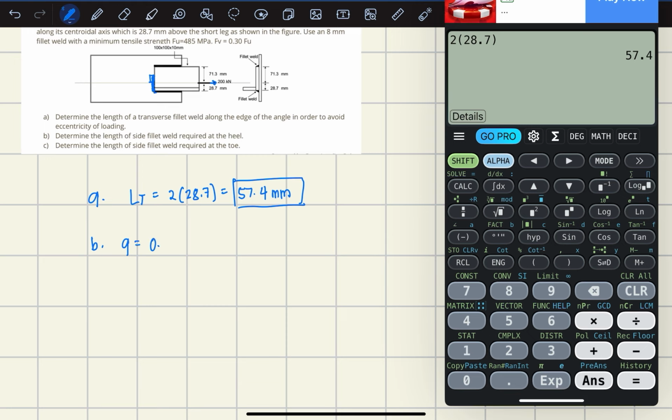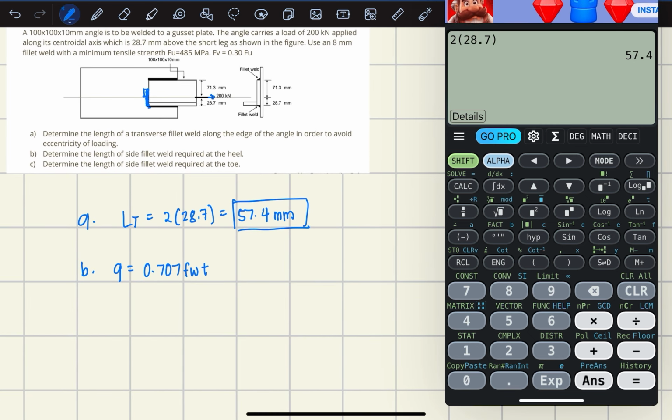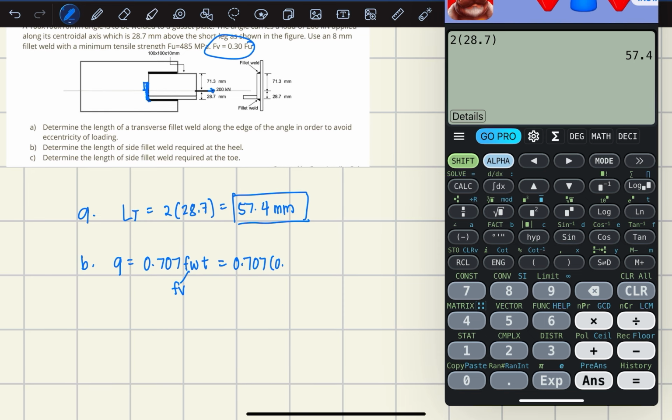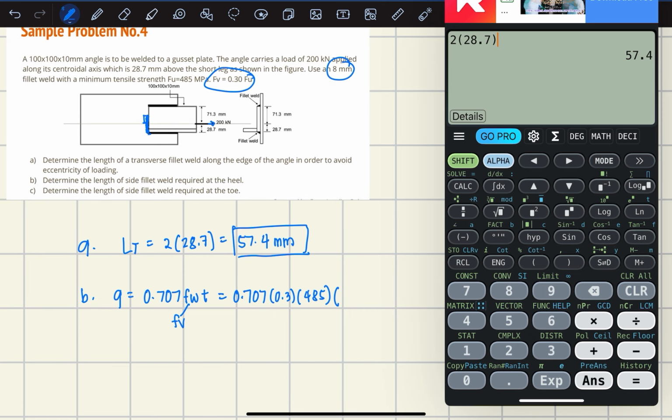So, Q is equal to 0.707 times Fw, and the Fw there is also equal to Fv, which is given. So, 0.707 times Fv, 0.30 times Fu, 485, times the thickness of the fillet weld, 8 mm.